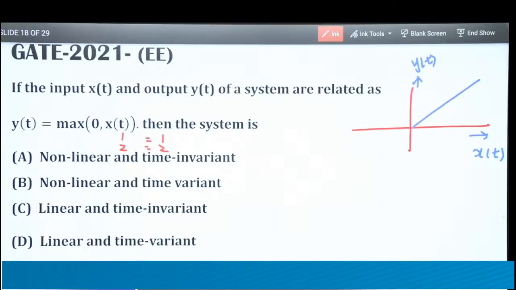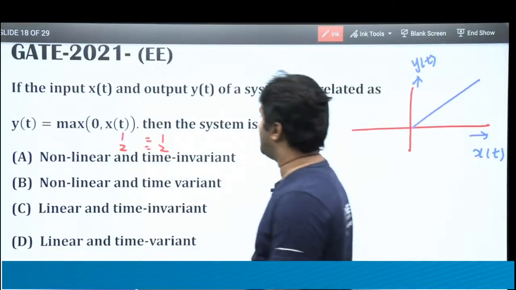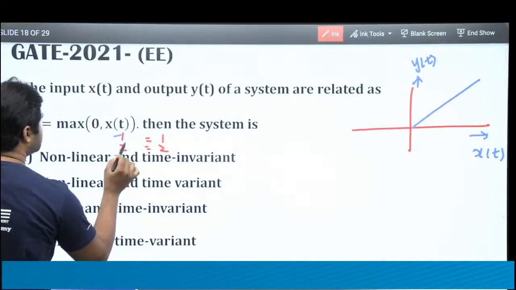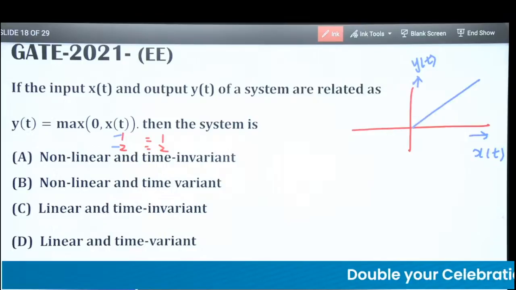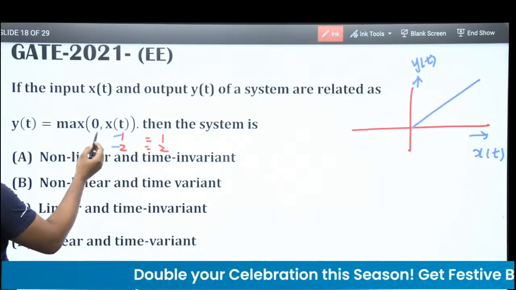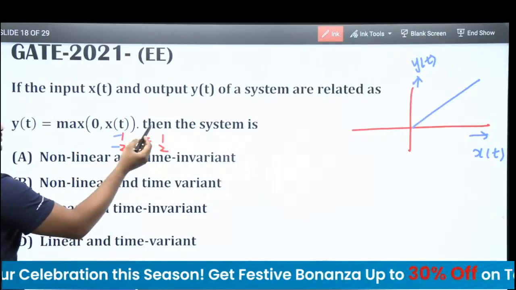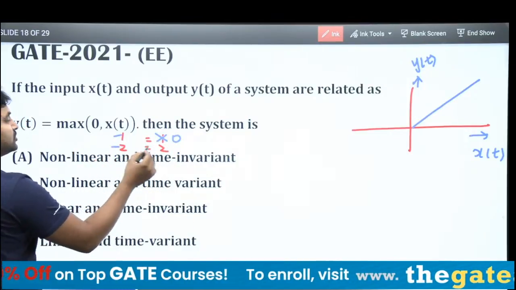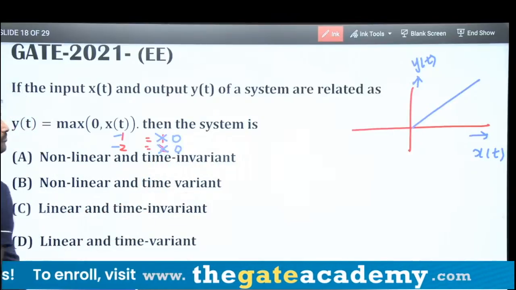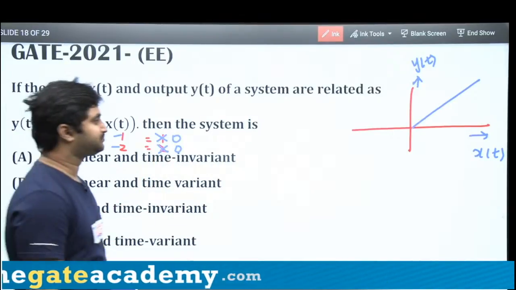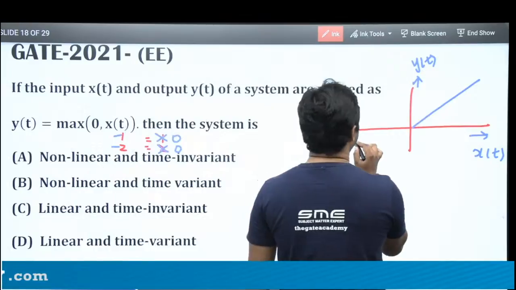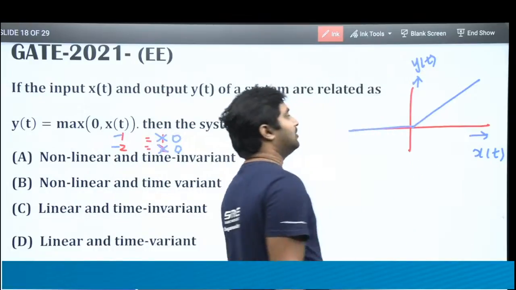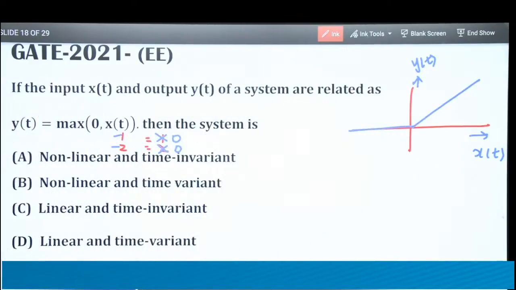If x of t is negative, if it is minus 1, if it is minus 2, then what will happen? Max of minus 1 comma 0 is 0. Max of minus 2 comma 0 is 0. It means that on the other hand it is going to be like this. Yes or no?